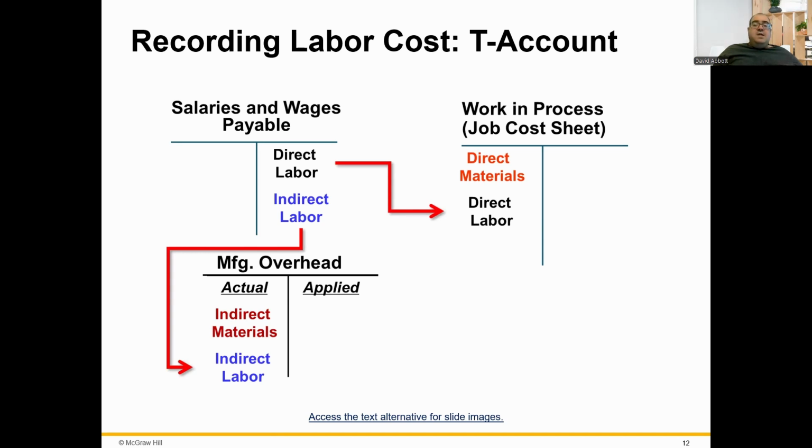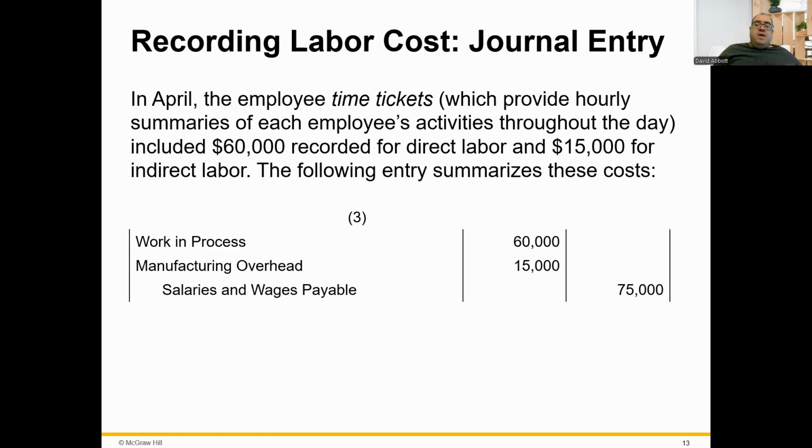So we see that we would debit work in progress for direct labor, and then we would credit wages and salaries payable, because that's a liability. So we credit to increase the liability. And then we would debit our manufacturing overhead for the indirect labor. So we see how that works out.